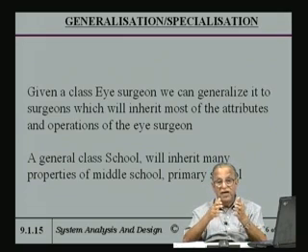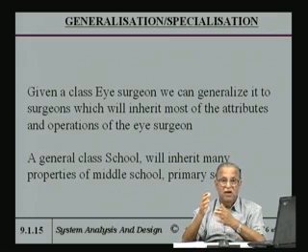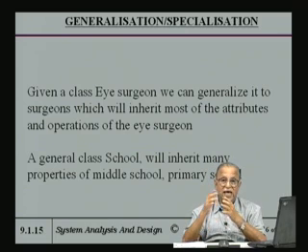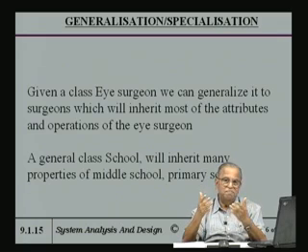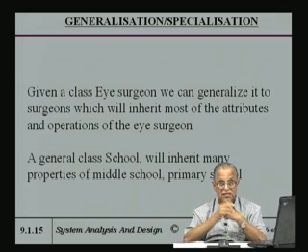And if it is an orthopedic surgeon, that person also is a surgeon. He will also use an operation theatre, he will also do operations and so on, but the fee he charges may be different, and many other operations may be different, and the attributes also may be different.